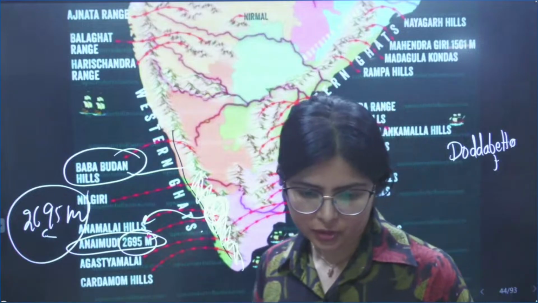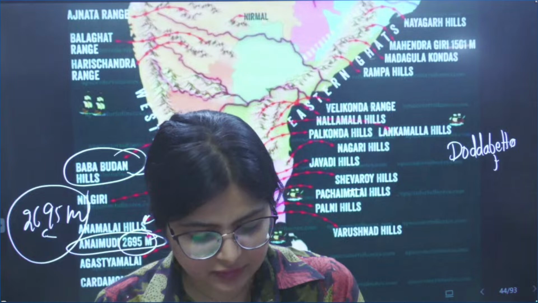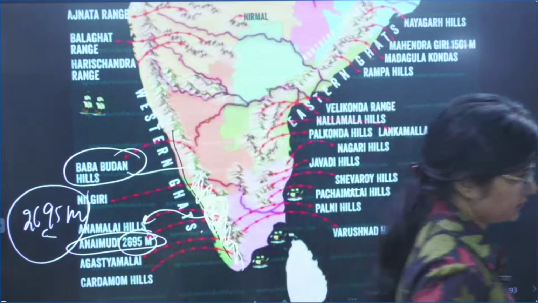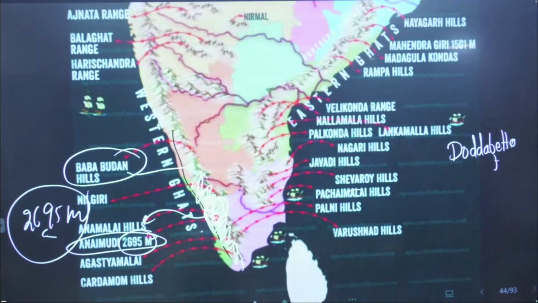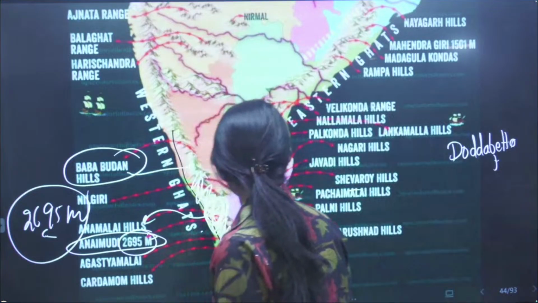Write down: it is followed by Doda Betta on the Nilgiri hills. Yes, it's in Karnataka.